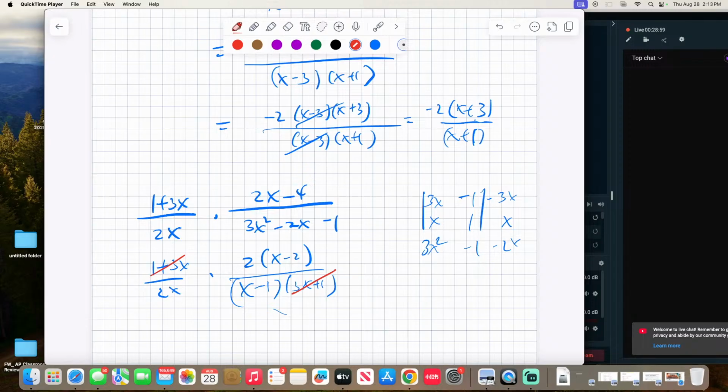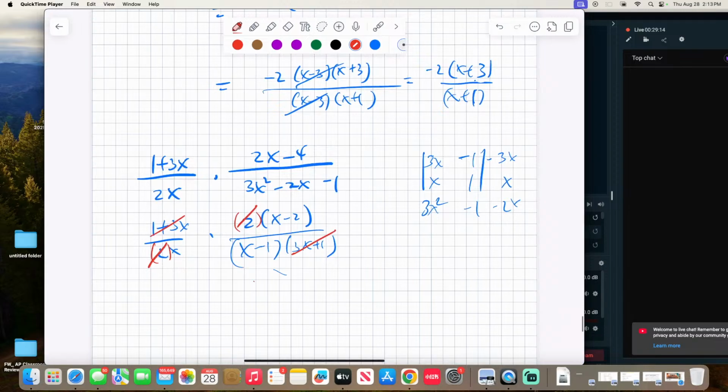Is there anything else I can simplify? This one's kind of tricky. The 2 is multiplied by x, not added to the x. So this 2 can definitely simplify down to x minus 2 over x times x minus 1.